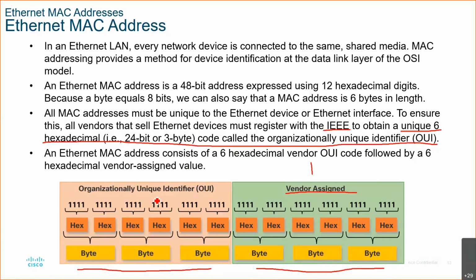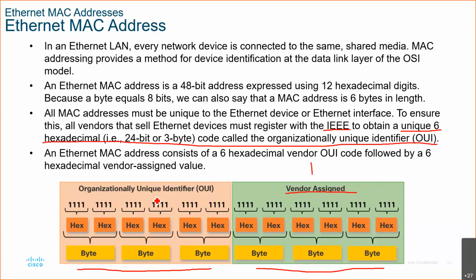Get it? That way, every piece of equipment manufactured by me, every network interface card, even if I manufacture IoT devices, smart TVs, and anything that has a network interface card in it, will have a unique MAC address. No repetition. That is how every device that we have has a unique MAC address.